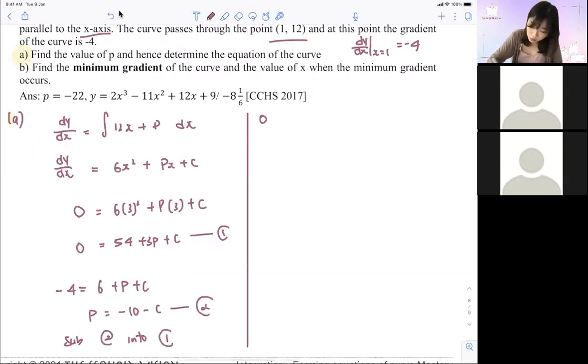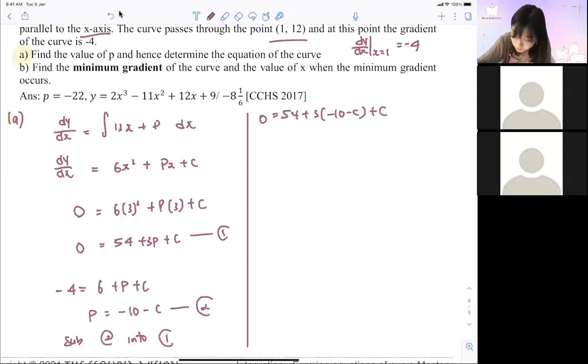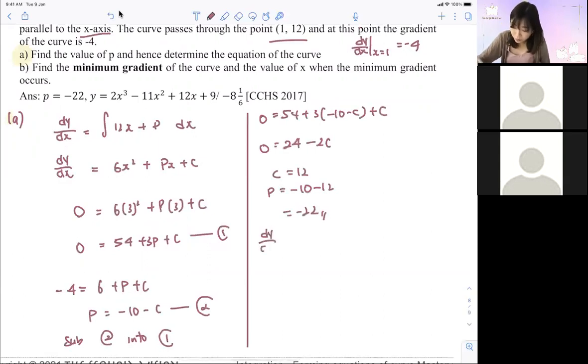So 0 equals 54 plus 3. So P will be equal to -10 minus 12, which is -22. So your equation will be, put back to dy dx first: dy dx is 6x squared minus 22x plus c.